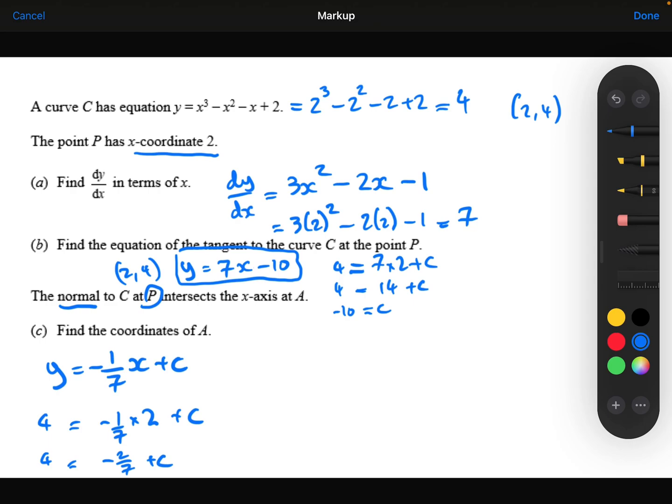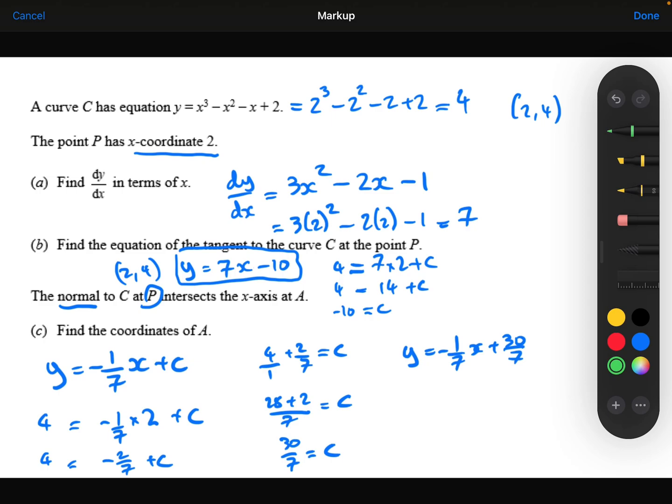If we add the 2/7 to both sides, get a common denominator. So c is 30 over 7. So the equation of the normal is y equals minus 1/7 x plus 30 over 7.